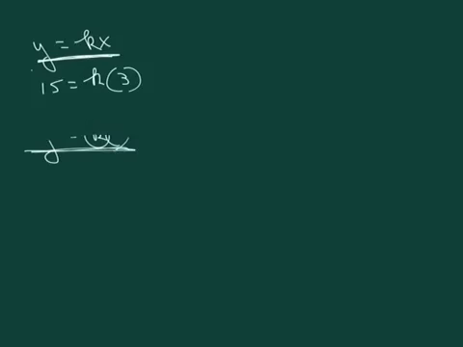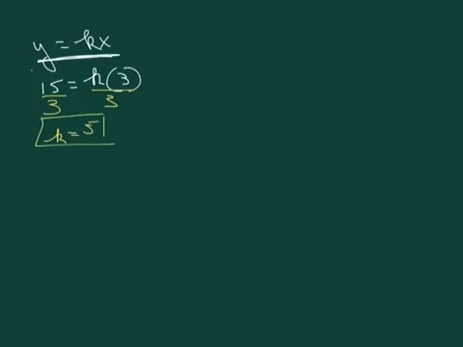So what we do is we erase what they're asking for and we write the initial problem here. 15 is y, 3 is x. Now I have one variable. Now I can find out what my k is by dividing both sides by 3, and I find out k is 5, 15 over 3.